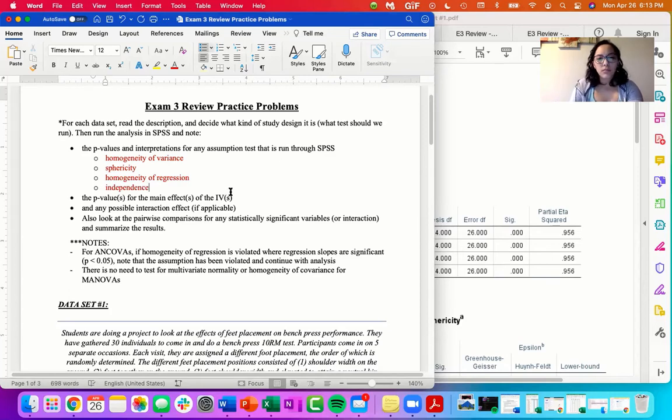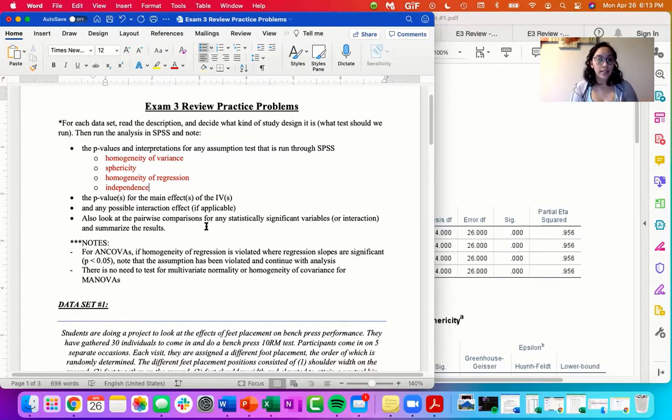I think I've had some of you come into office hours or email me questions. There was a small point of confusion with the MANOVAs. The multivariate test in SPSS comes with the multivariate analysis, which you didn't have to run, but I think there was confusion that the multivariate table was presenting the p-values for the multivariate normality assumption.